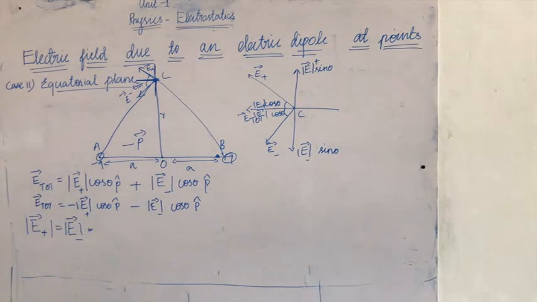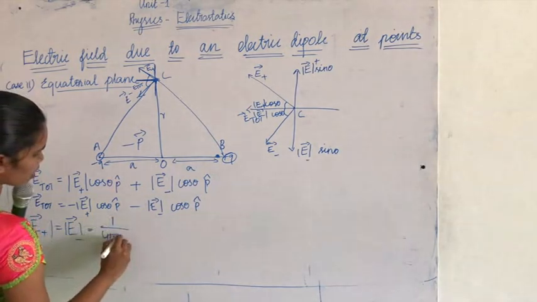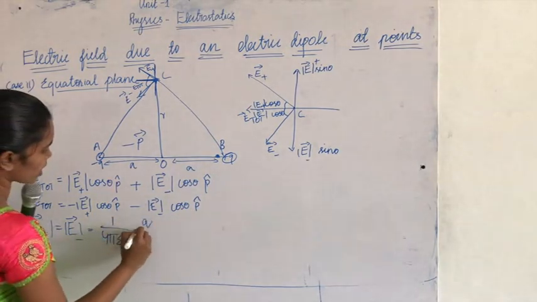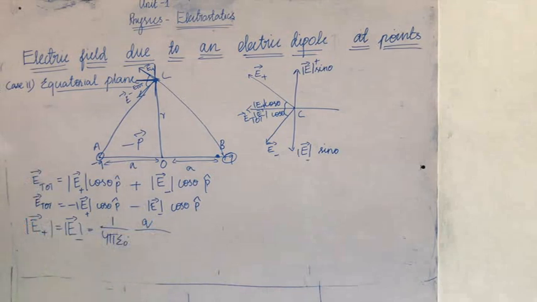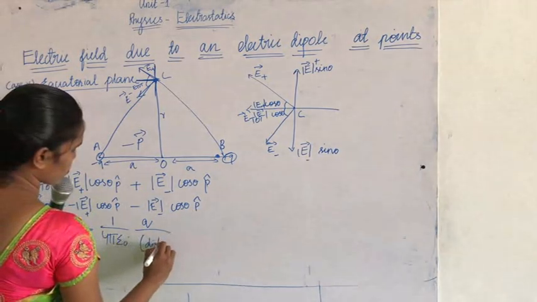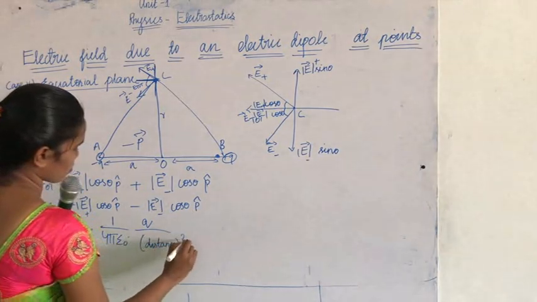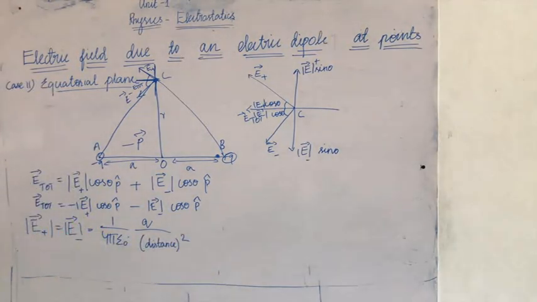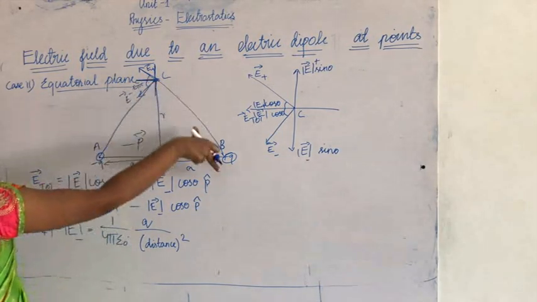What is the electric field formula? 1 by 4 pi epsilon 0 q by the square of the distance. Now we are going to apply the distance of AC. Both distances AC and BC are the same.